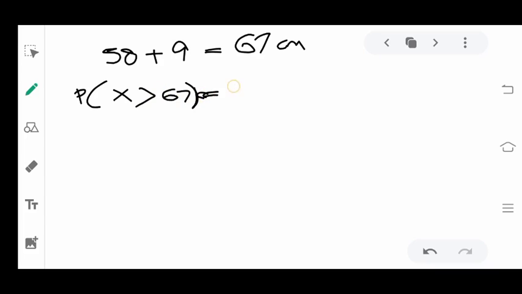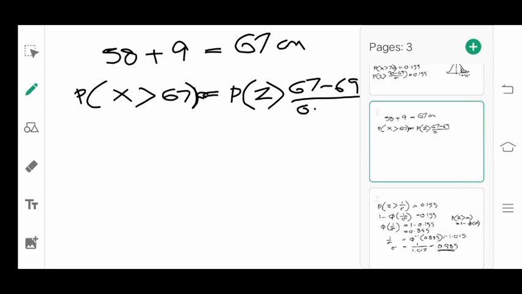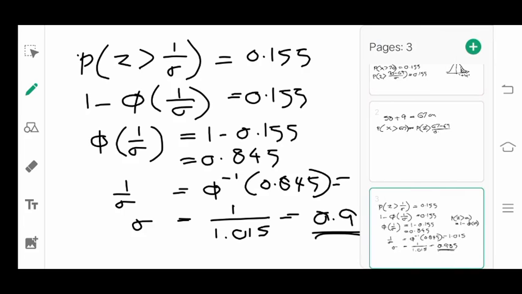So when we standardize, we get Z greater than (67 minus mu, which is 69) divided by sigma, which we calculated as 0.985.